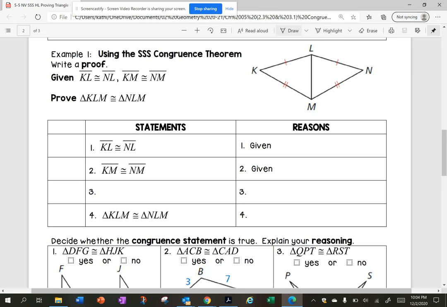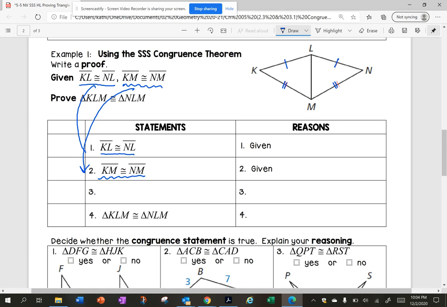Okay, so my given information, I am going to list in my statements. So segment KL is congruent to segment NL, so KL and NL. And segment KM is congruent to NM. These 2 are congruent.